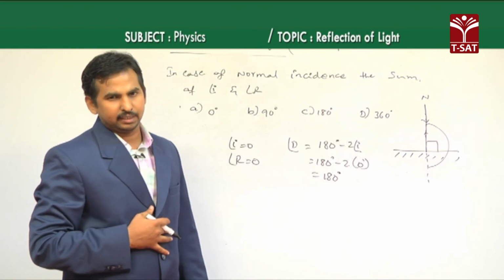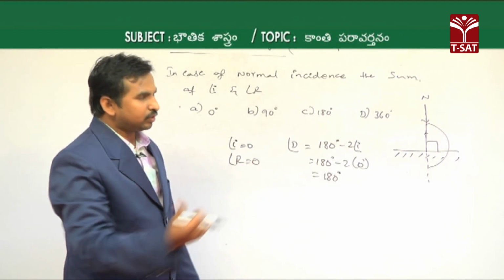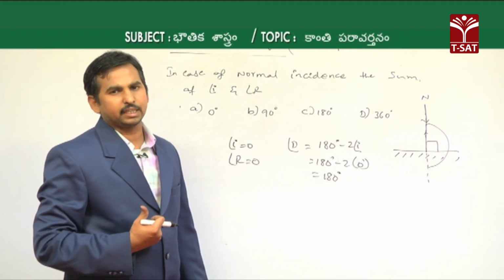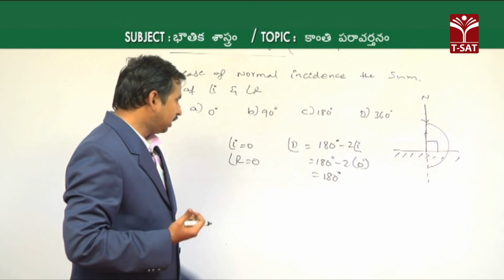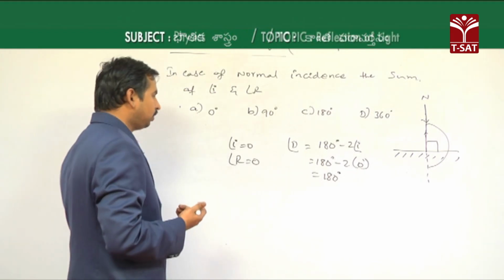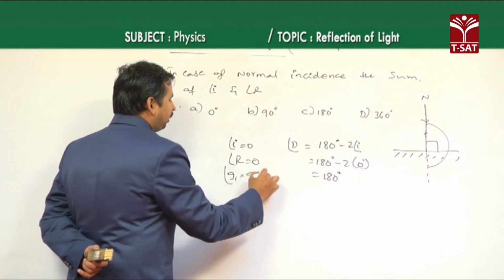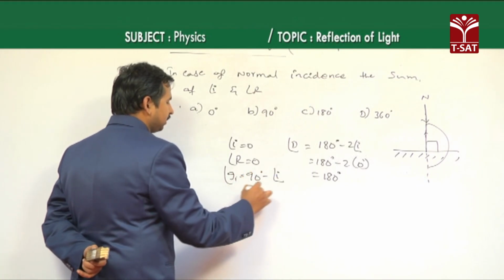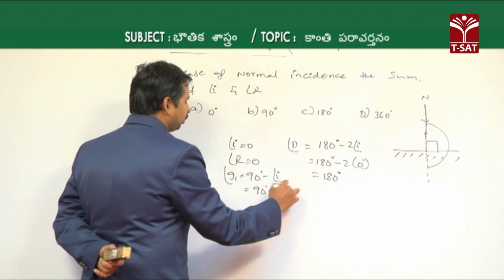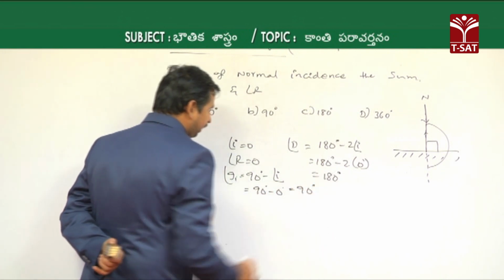Or even in this case of normal incidence, if you take the glancing angle, we know that the glancing angle is equal to 90 minus the angle of incidence, which is 90 minus 0, it becomes 90.